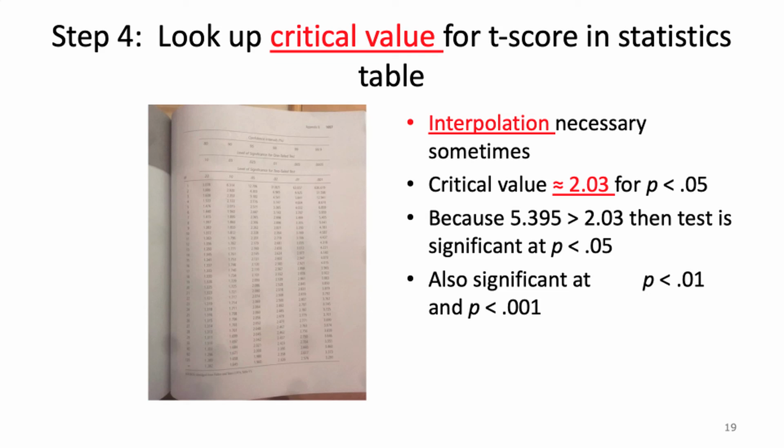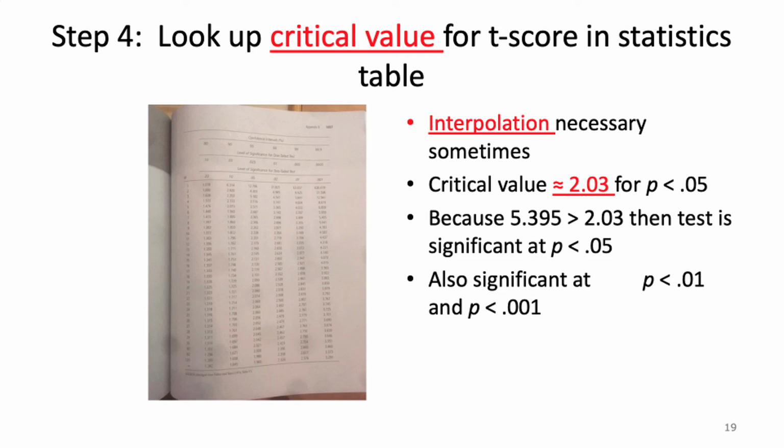All of those would require some interpolation here because we have degrees of freedom of 33. So the critical value in this table is approximately 2.03 with a statistical significance value of p less than 0.05. Because our calculated value of 5.395 is larger than 2.03, this test is indeed significant at p less than 0.05.